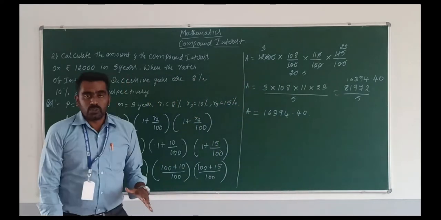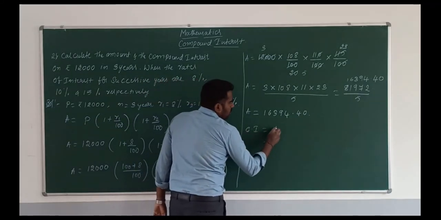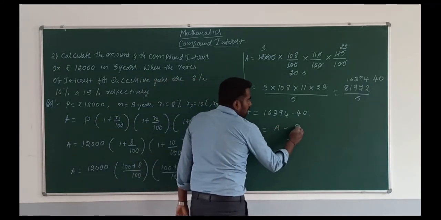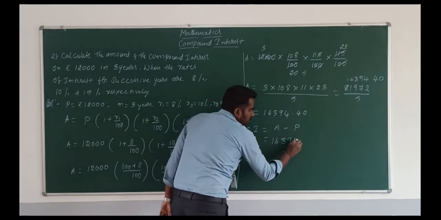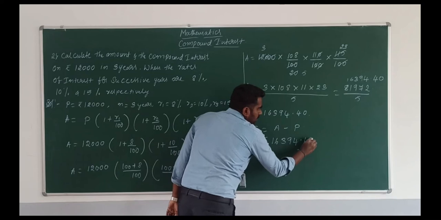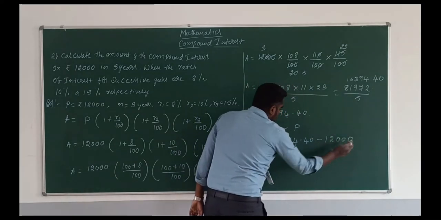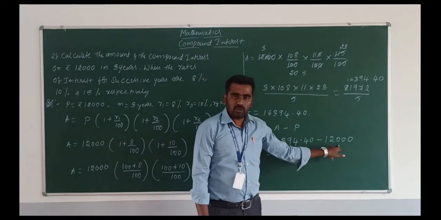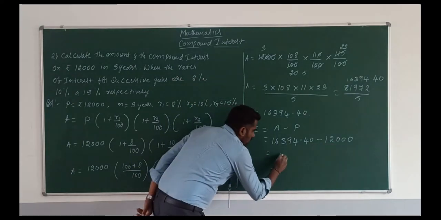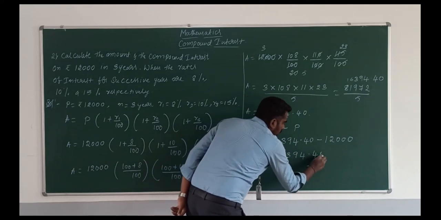Now let us go to compound interest. So compound interest is equal to amount minus principal. So amount is 16,394.40 minus principal is 12,000. So it becomes 16,394.40 minus 12,000 is 4,394.40.